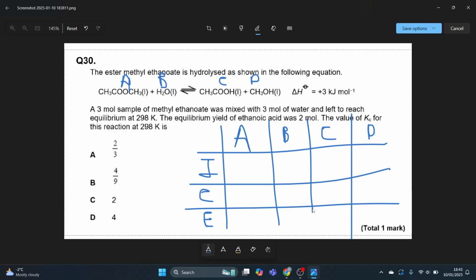CH3CO, CH3, it's going to take quite a while. So initially 3 moles of methyl ethanoate mixed with 3 moles of water, left to reach equilibrium to yield ethanoic acid. This was 2 moles.